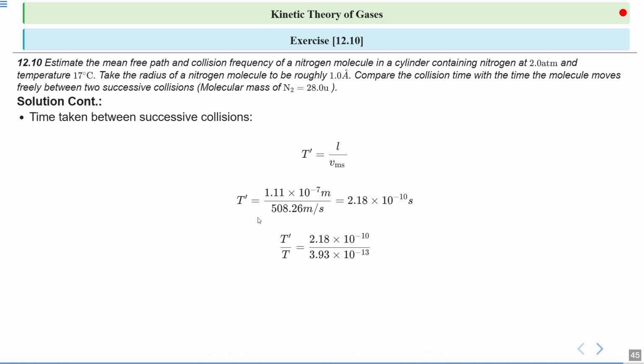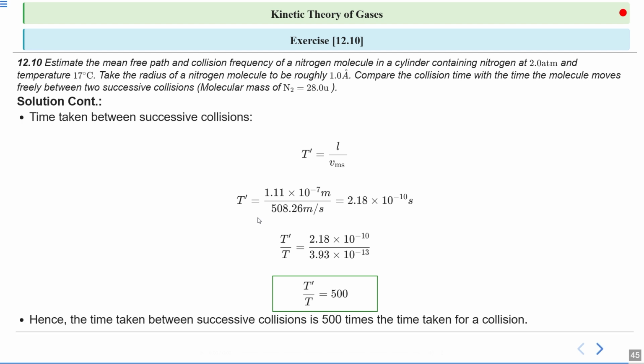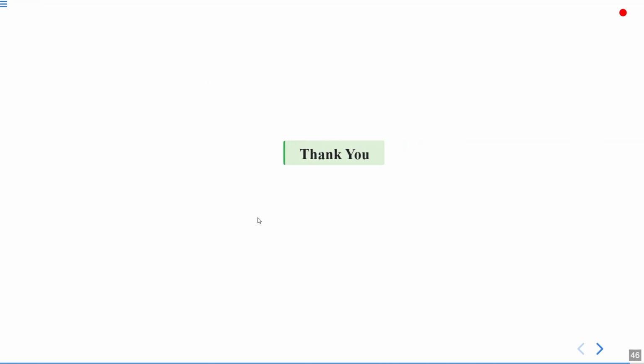This ratio gives us a sense of how much longer the molecule moves freely compared to the time it spends in collision. So T prime upon T is equal to 500. Hence the time taken between successive collisions is 500 times that taken for a collision. Thank you for your attention.